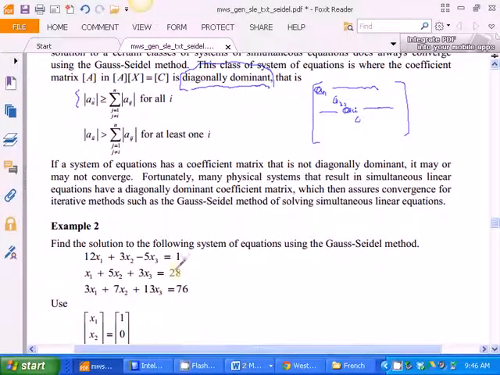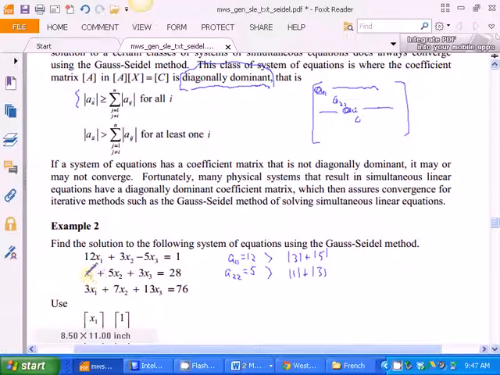All right. Notice here that we do satisfy the diagonal dominance condition because we have a11 equals 12, which is greater than the absolute value of 3 plus the absolute value of 5. Here we have a22 equals 5, which is greater than the absolute value of 1 plus the absolute value of 3. Where am I getting the 1 and the 3?